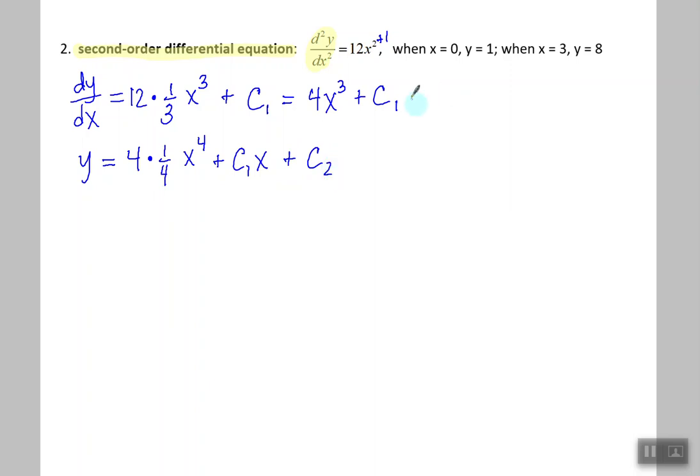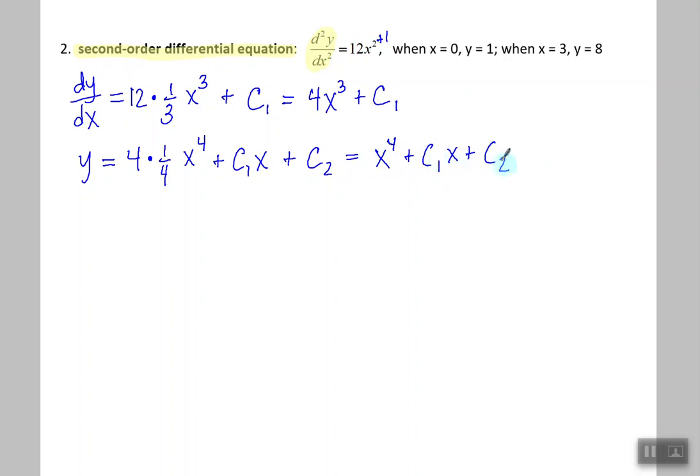Because remember, we still have 0, and to get 0, we need a constant to take its derivative to get that 0. Let's clean this up a bit. 4 divided by 4 is 1, so 1x to the 4th plus c sub 1 x plus c sub 2.